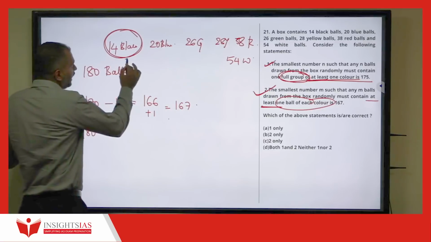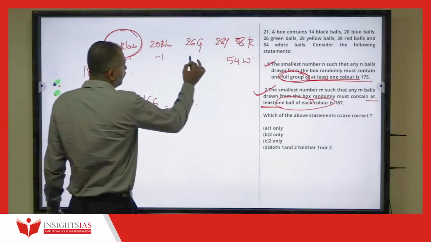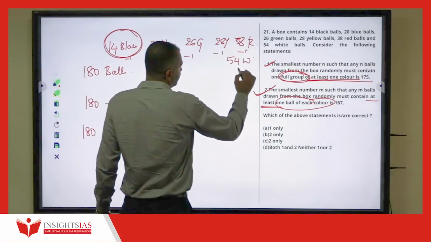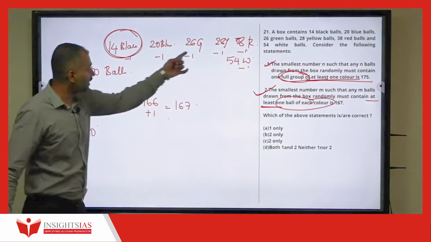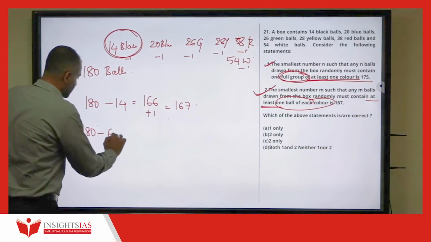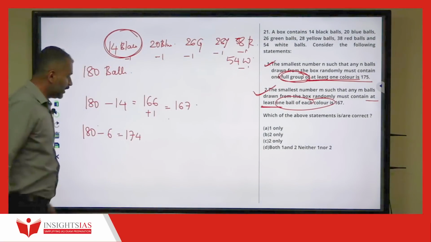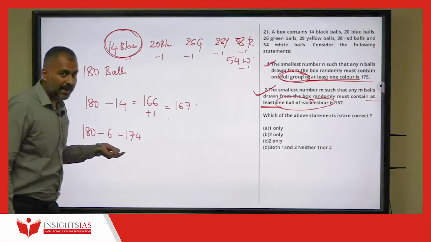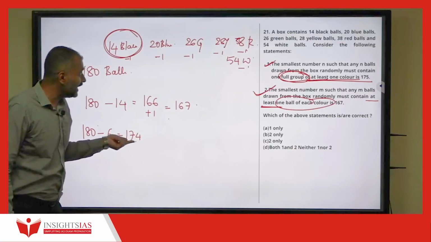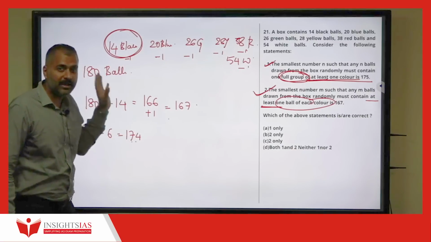Let us say I have taken out one black, one blue, one green, one yellow, one red and one white. So totally I have taken out 180 minus 6, which is nothing but 174. In these 174 balls, whatever I have drawn, we don't have any single group completely considering the colors.